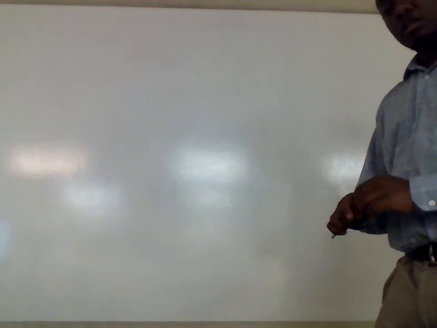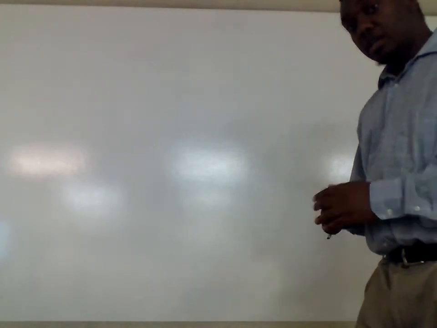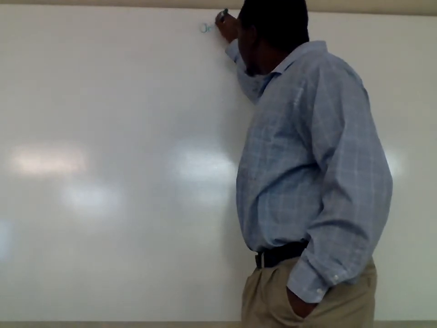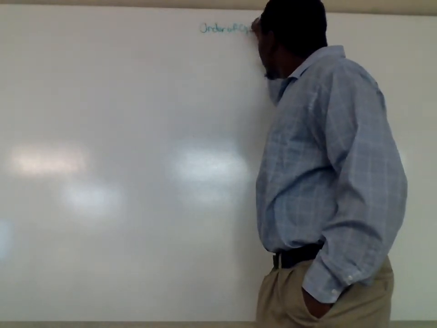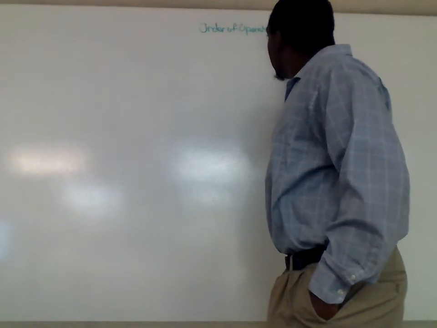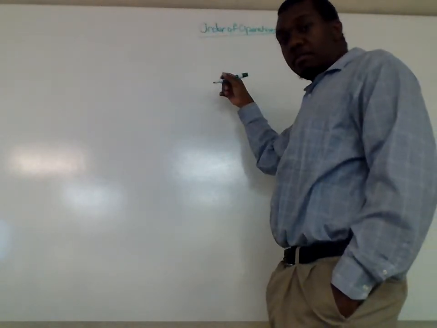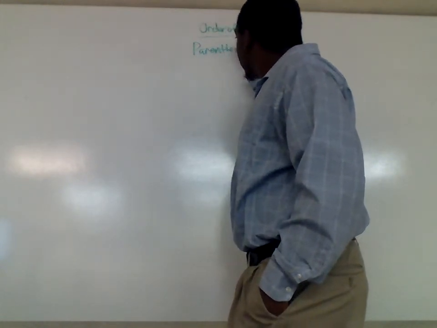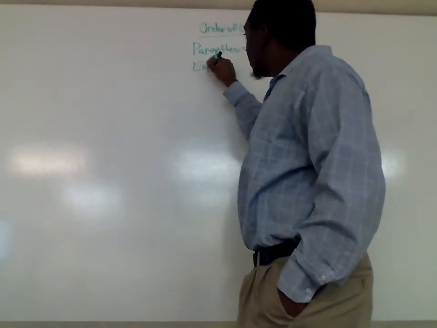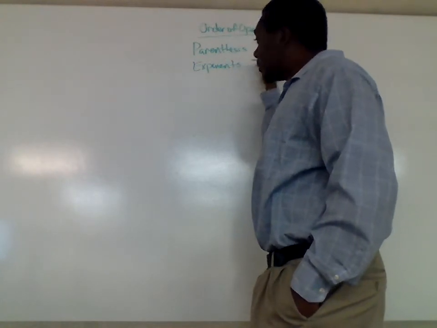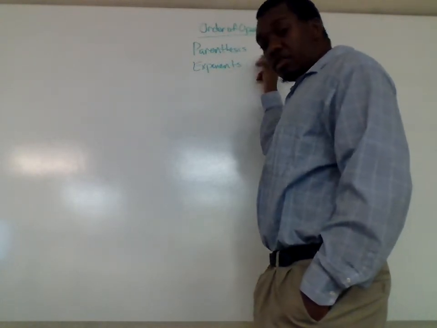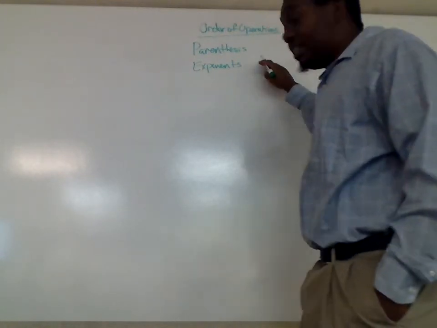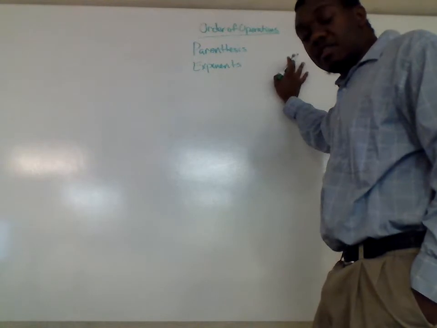So let's do order of operations quickly with integers. Our order of operations are going to be parentheses, exponents. Remember, exponents are just going to be taking a number and multiplying it times itself several times.